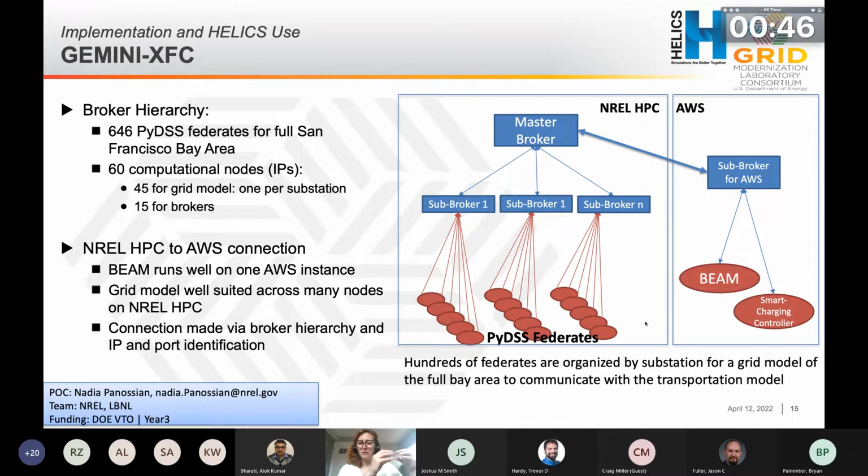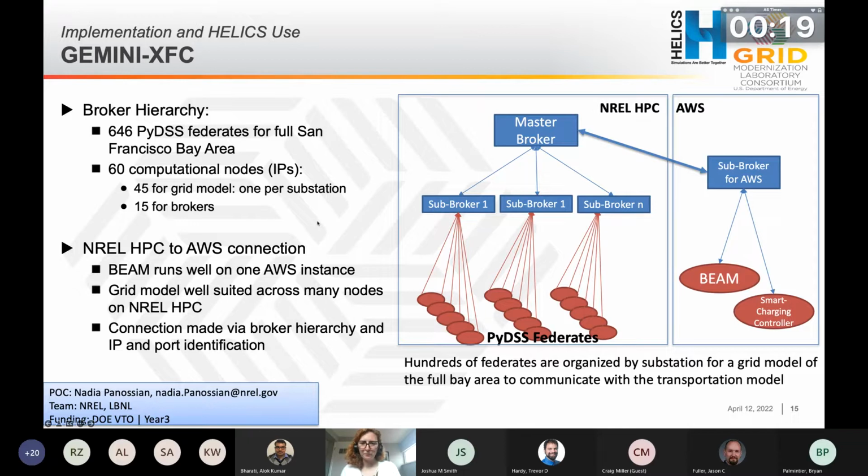So you'll have one broker for a subregion, and then they all communicate with the master broker only for the information that's necessary to cross that Eagle AWS bridge. So between those two aspects, Helix has made this really fine, detailed, but large area simulation possible. So that's really exciting, and we're starting to get full-scale model data results back.